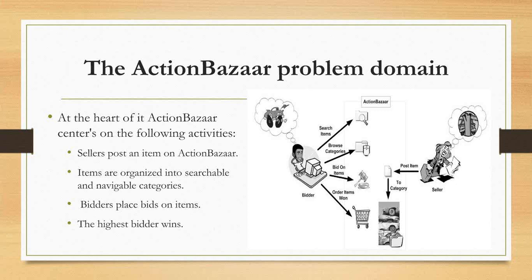Okay, so this is the activity. The sellers will post items for sale, right? The bidders can place bids on these items which are posted by the sellers. The highest bidder wins the bid, the item will be sold to that bidder, and a bill will be generated.